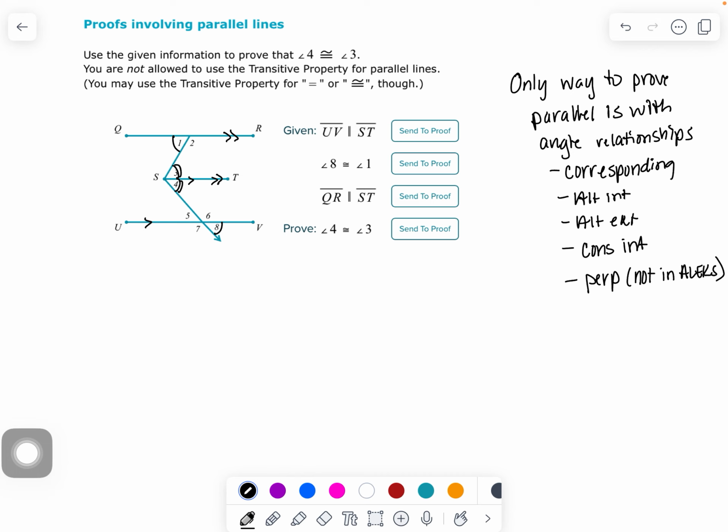What I want you to know, I'm going to color those in here. These guys, they want us to prove those are congruent. What I want to encourage you is, if you're given angles down here, try and connect them to the ones up here. Make a connection, if at all possible, somehow, so that you can get them linked, okay?